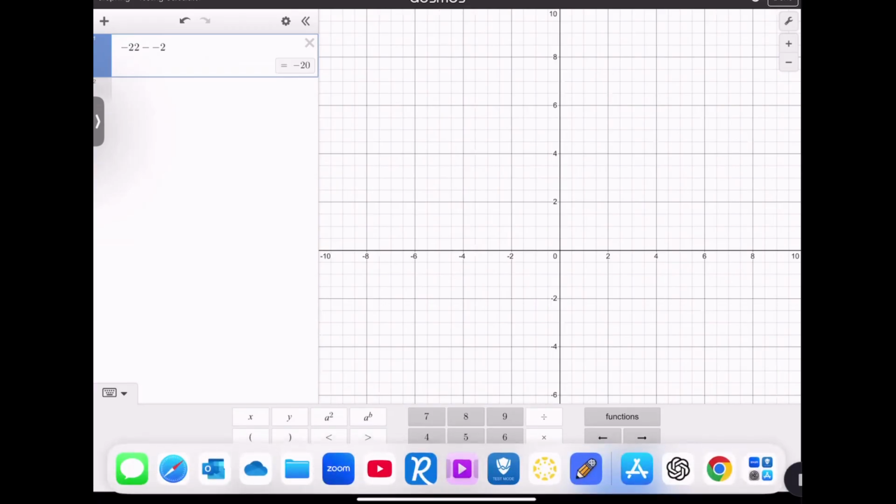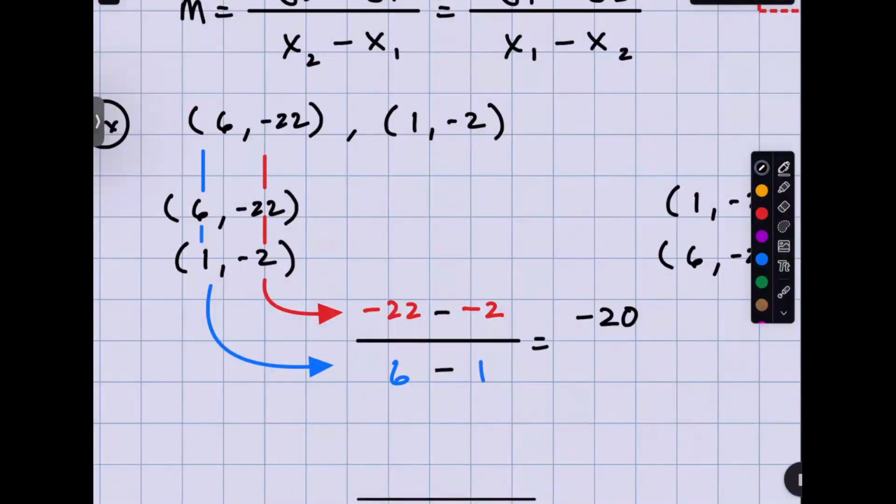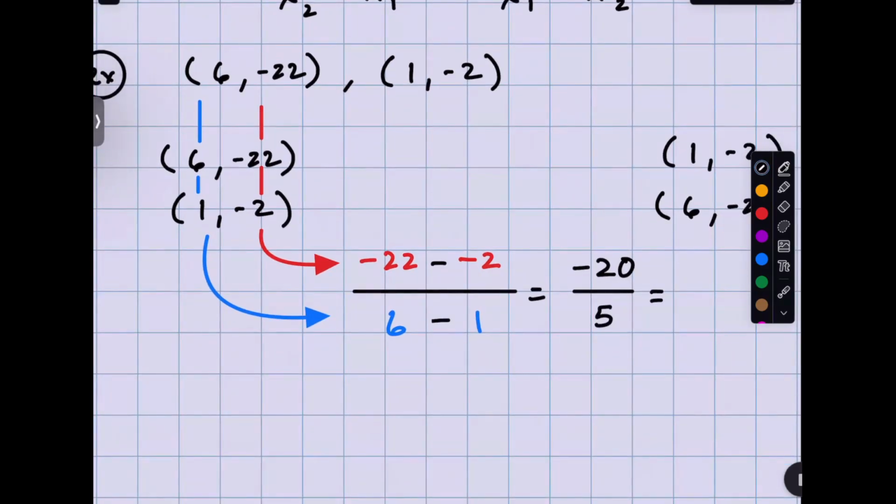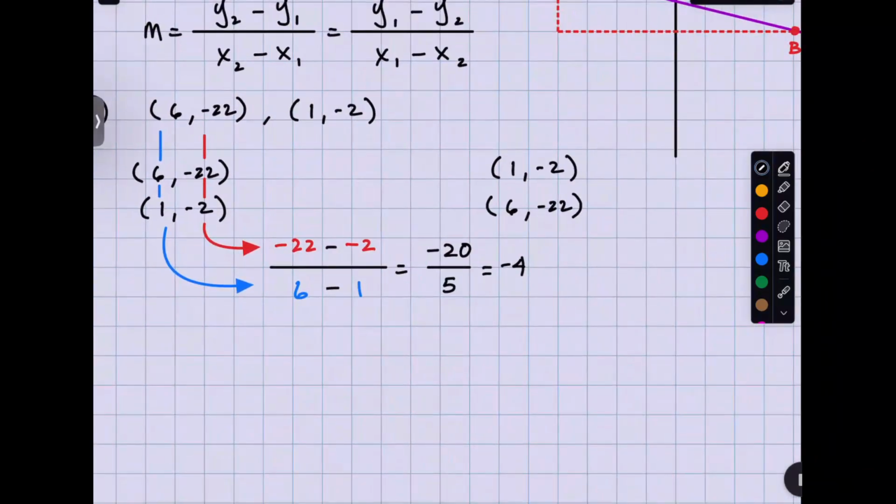Okay? So that's why I would have negative 20. 6 minus 1, 5. And negative 20 divided by 5, negative 4. So the question is, if I did it the other way, would I still get the same result?